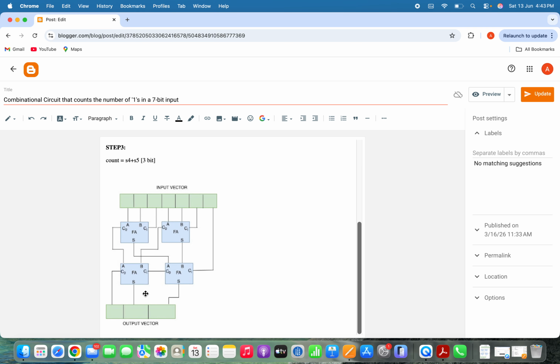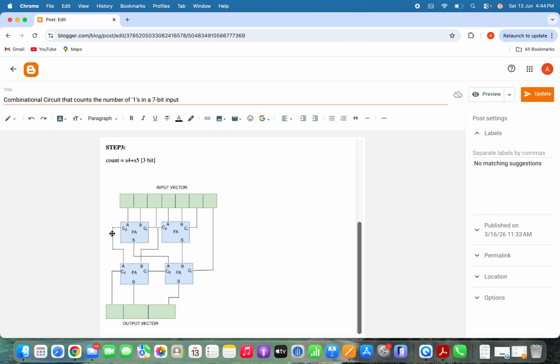Now let's understand how the adder tree works, which is shown in this diagram. This arrangement of adders is also known as a combinational adder tree, and it is widely used in high performance digital systems where fast bit counting is required. At the top, we have the 7-bit input vector consisting of x0 to x6.